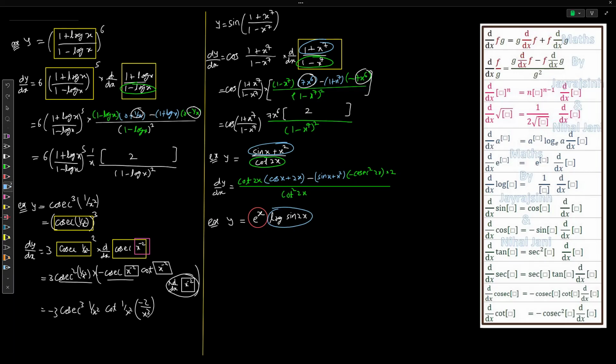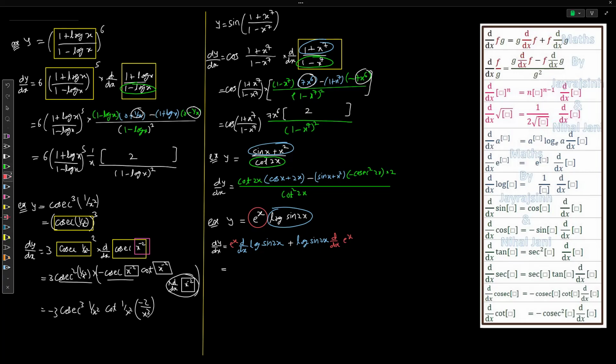So which rule do we have to apply first? Multiplication rule. Yes. So in the first term, let's say e raised to x is as it is. We will focus on differentiation of the second term, which is log sin 2x. And in the second term, let's say log sin 2x is as it is, and we'll focus on differentiation of e raised to x.